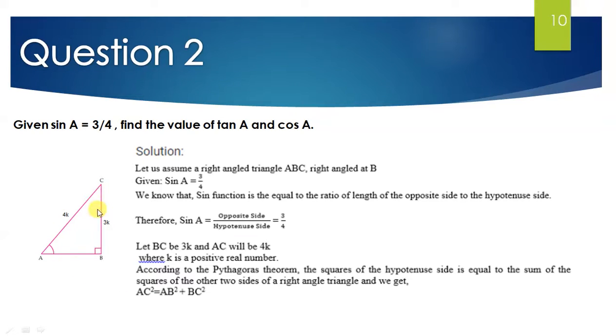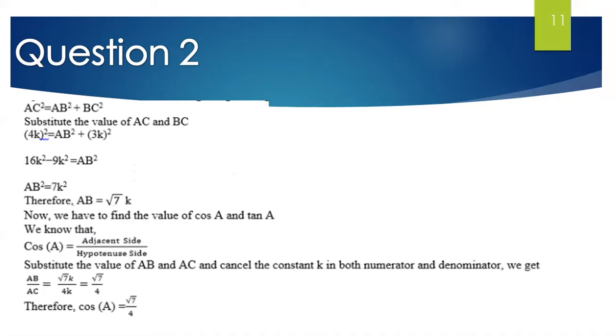AC square is equal to AB square plus BC square. Putting the values, 4k square is equal to AB square plus 3k square. 16k square minus 9k square is AB square. So I get AB square is equal to 7k square, which means the length AB will be equal to root 7k.